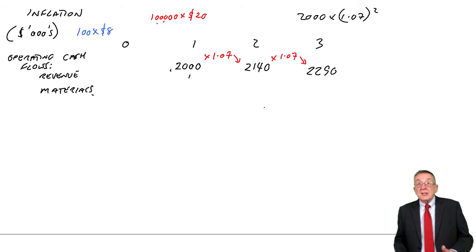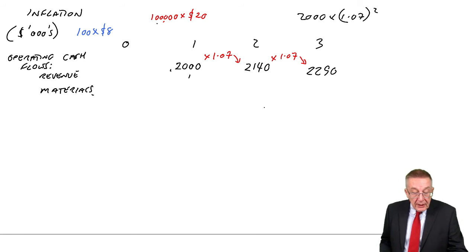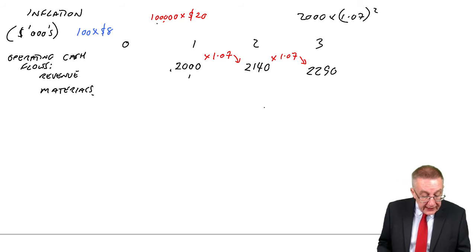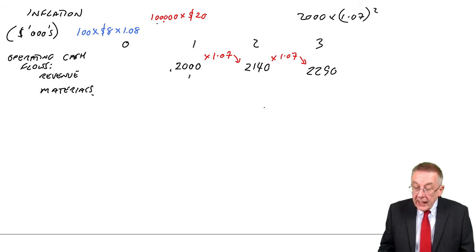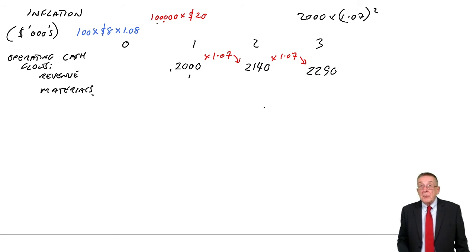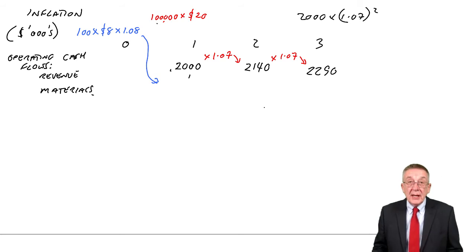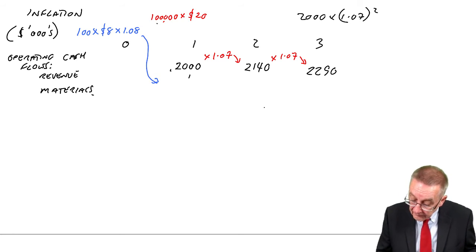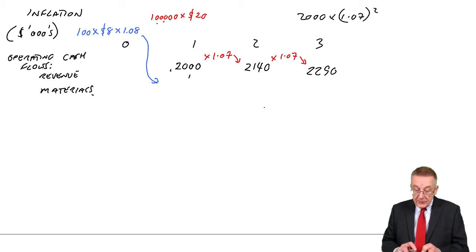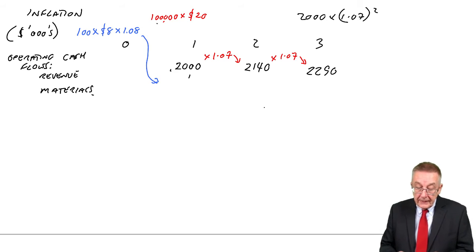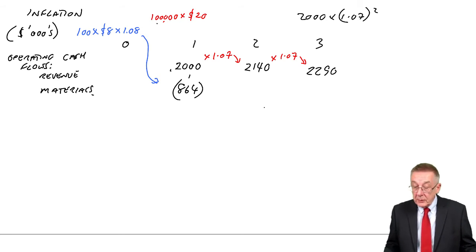But by the time we actually buy it, which is next year, time 1, it will have gone up, but what's it say? Materials are expected to inflate at 8%. And so we will multiply by 1.08 to inflate to get the actual cash flow, which gives me a cash flow of 800 times 1.08 at time 1 of 864. It's an outflow.